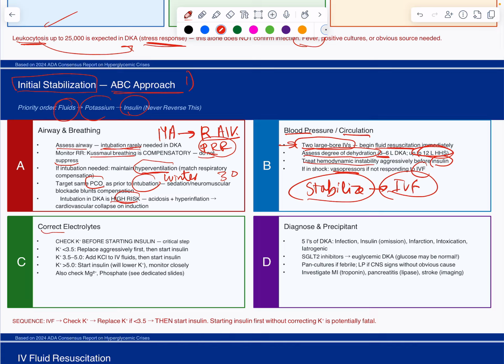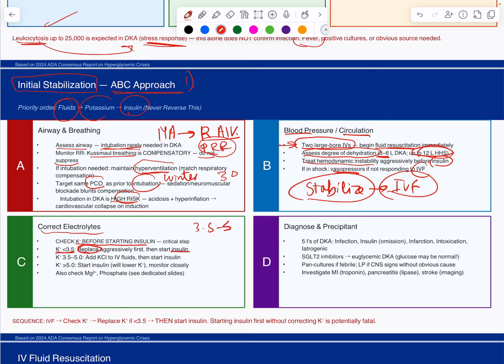We need to look for the electrolytes. That's why you are getting the BMP, also the magnesium and phos. So we need to look for the potassium before starting insulin, because insulin by itself can decrease the potassium, and they can be severely hypokalemic, putting them at higher risk for arrhythmias. So the normal potassium range is between 3.5 to 5. If the potassium is below 3.5, you need to replace the potassium first before starting the insulin.